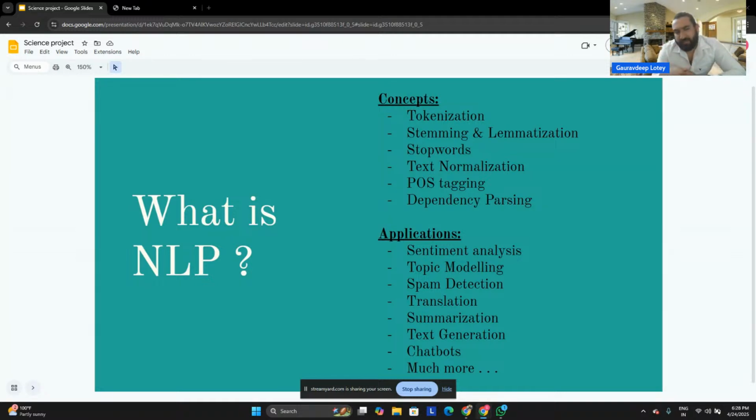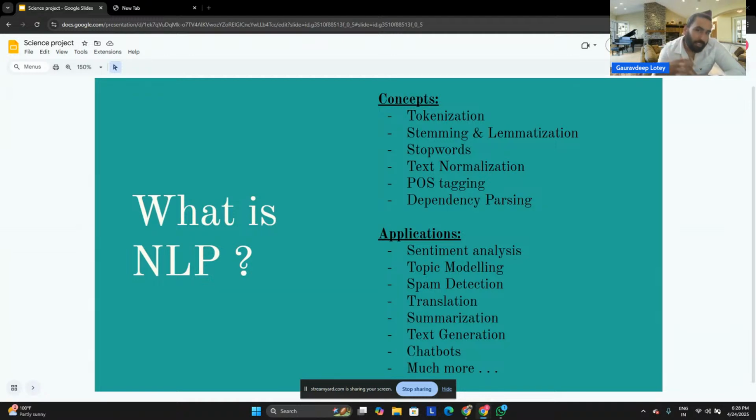With that being said, there are multiple applications which NLP is able to propose. Something like sentiment analysis, which refers to identifying which tweets are harmful, hateful, or running a certain agenda. That way we can design systems which are able to prevent certain harmful content from coming in.